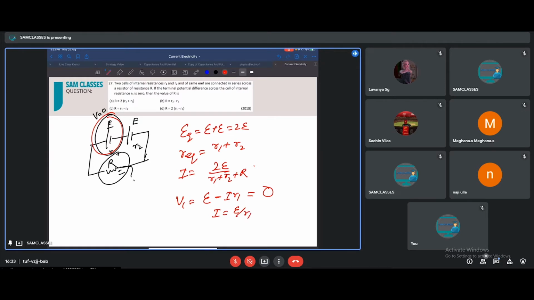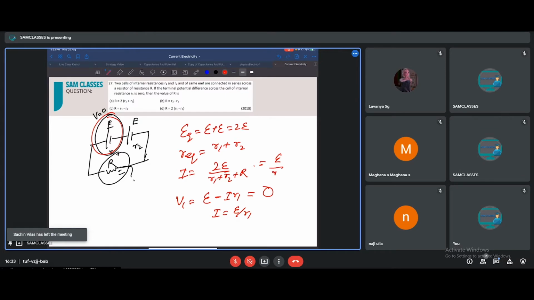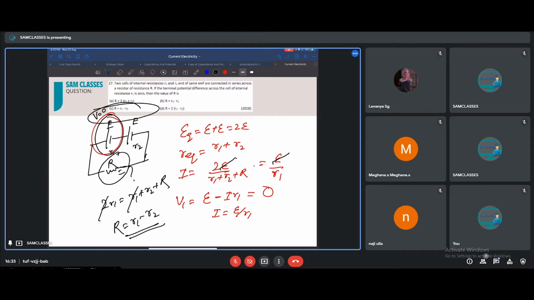We got the current value, so we can put it here, equal to E by small r1. The moment we got this, E and E cancel. So we get 2R1 equal to R1 plus R2 plus R. We can cancel one of the R1, so we can write R is equal to R1 minus R2. R is equal to R1 minus R2, option C.